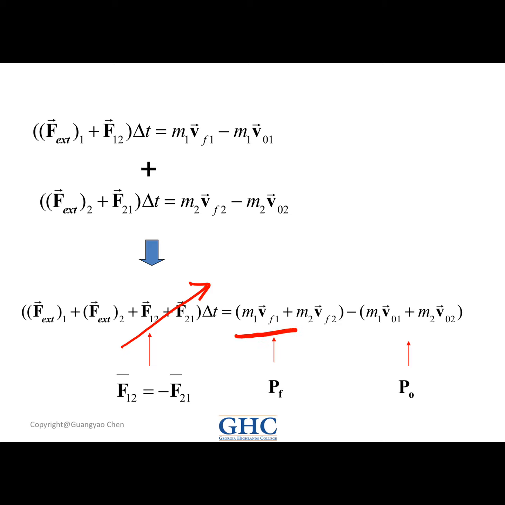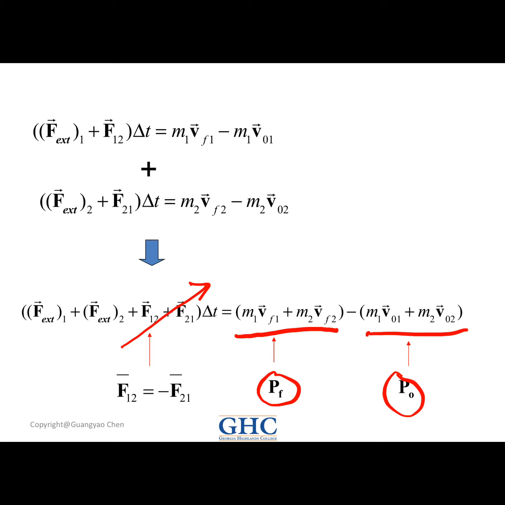And this term is the momentum of ball 1 and the momentum of ball 2 added together after the collision. There's the momentum of ball 1 plus the momentum of ball 2 added together before the collision. This term gives us the initial momentum of the system before the collision. This term gives us the final momentum of the system after the collision.